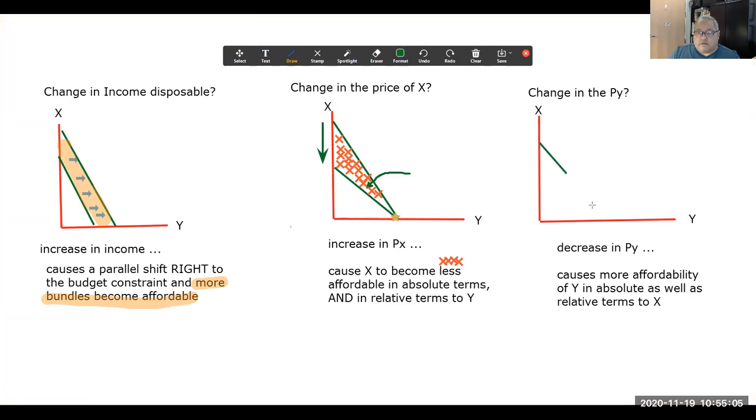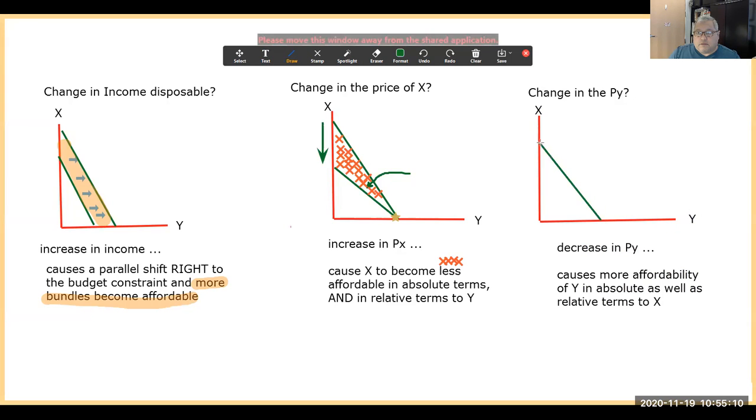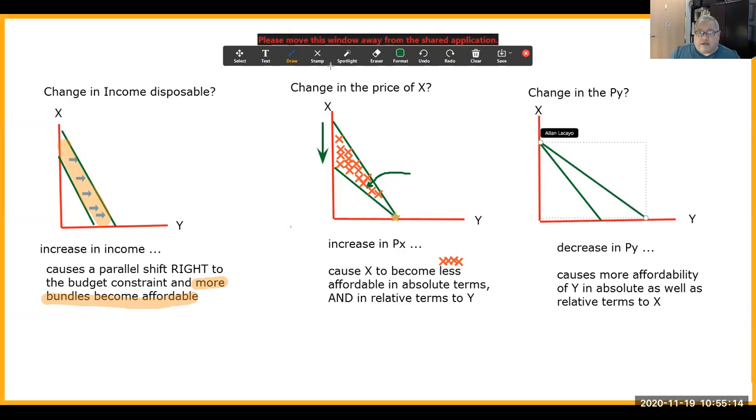Such that the hinging is an outward swivel where now the hinge is on the x-axis and not on the y-axis.